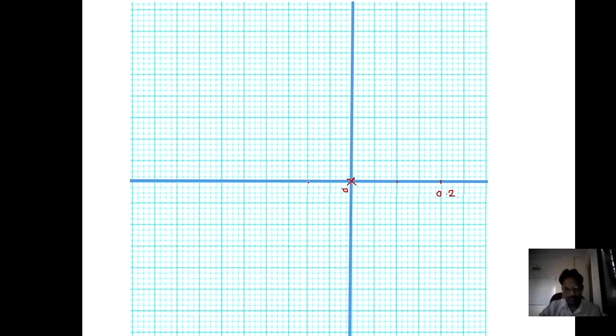Then the zero is at 0.1, and the zero is marked by a circle. Then the complex poles, with 0.1, 0.2, 0.3, 0.4 and 0.5 here.